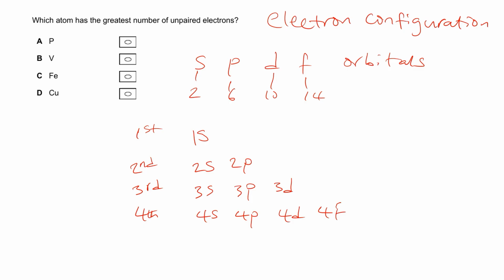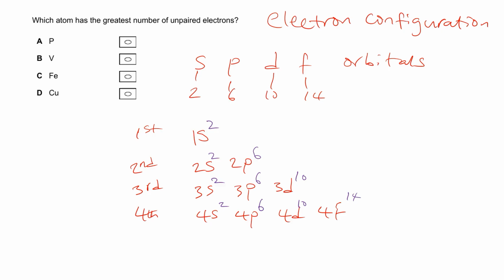So here we have 1s2, 2s2, 2p6, 3s2, 3p6, 3d10, 4s2, 4p6, 4d10, and 4f14.